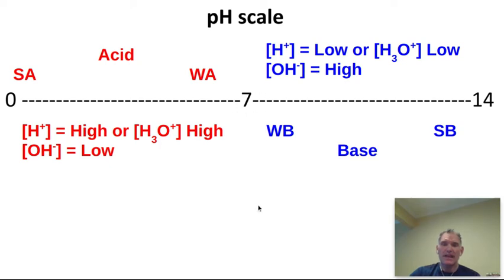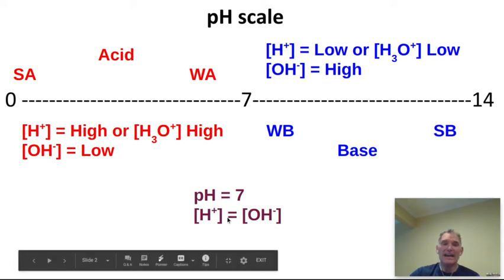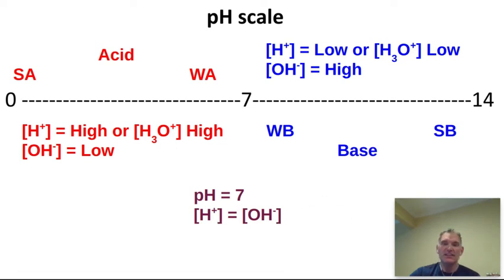At a pH of 7, we have equal amounts of H plus and OH minus ions. This is why in neutralization reactions, when I take an acid and a base, I make water and salt. This is also why when we write our neutralization reactions of acid and base, water, salt, I can determine if the resulting solution will be a pH of 7, or will it be a little bit below or a little bit above based upon the strength of my acids and bases.